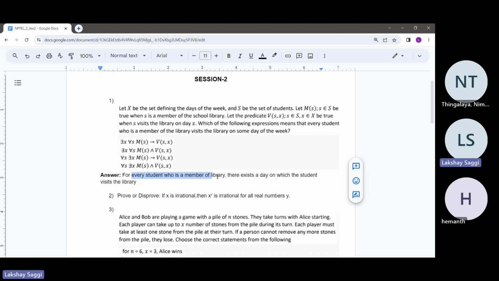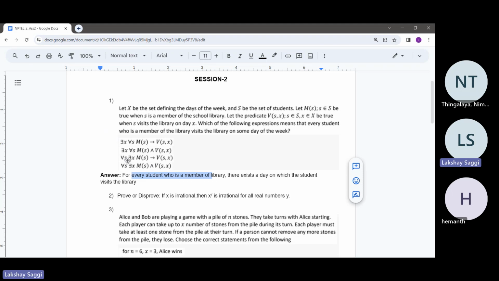The problem statement does not say that every student is a member. It says whoever is a member should go to the library on at least one day. But option D is saying that every student is a member and every student goes on some day of the week. So option D is not quite correct.